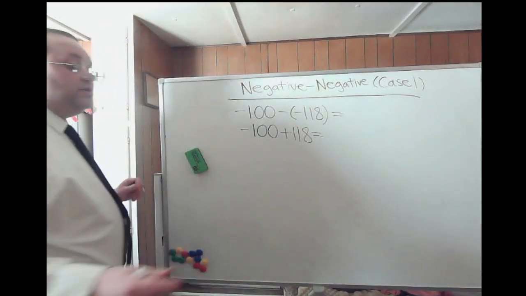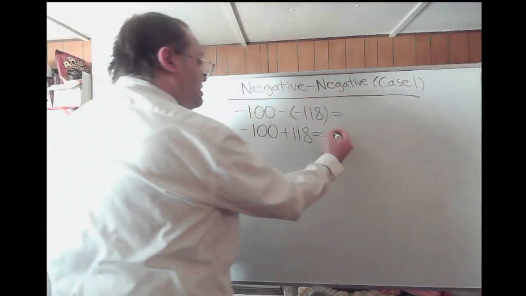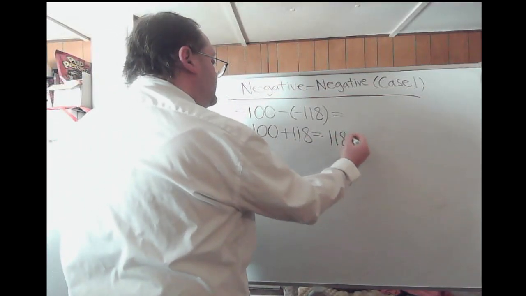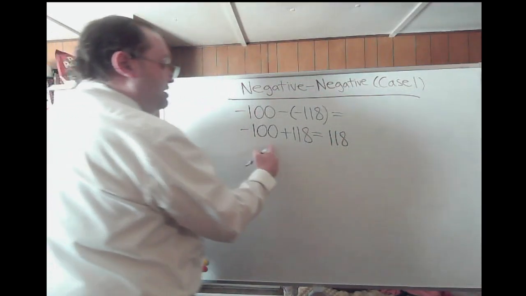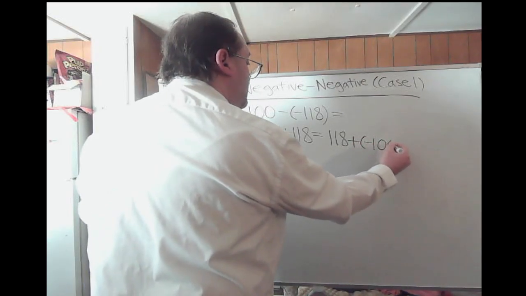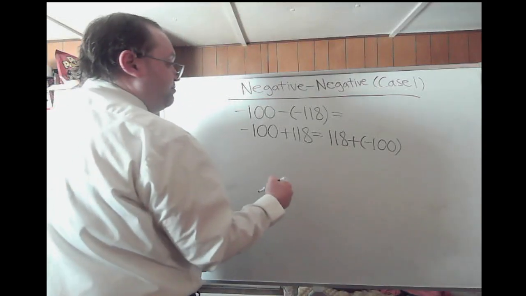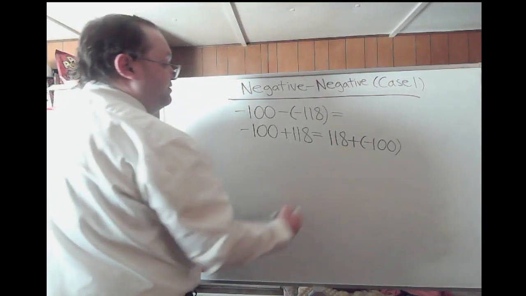But by the commutative property of addition, we can switch these two terms around, which would make this 118 minus 100. When you have minus a number, that's the same as adding its negative. So that's how we can use a commutative property. You're simply adding its negative.